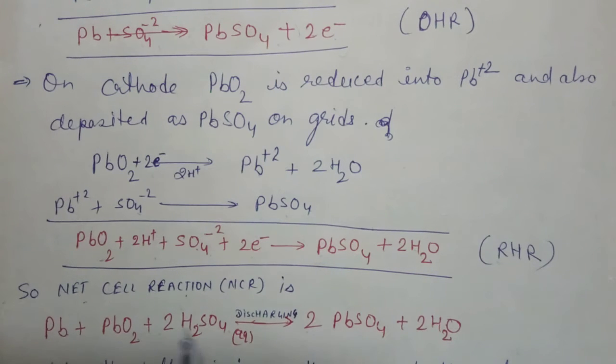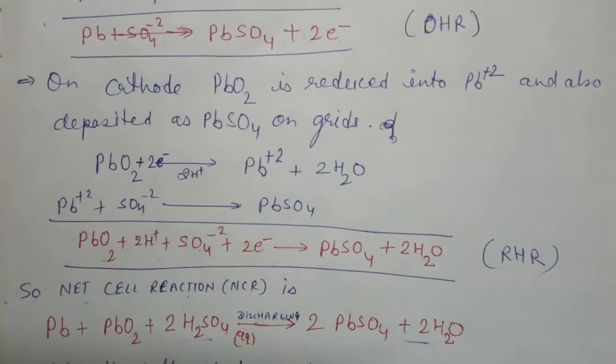When the reaction takes place, H2O is formed. So the concentration of H2SO4 gets decreased. As concentration decreases, the density also decreases. Okay, clear?